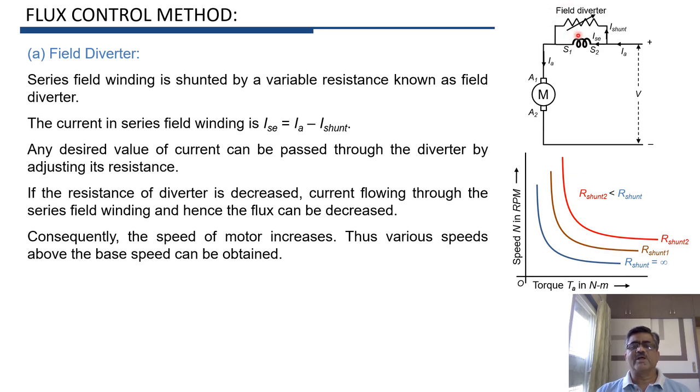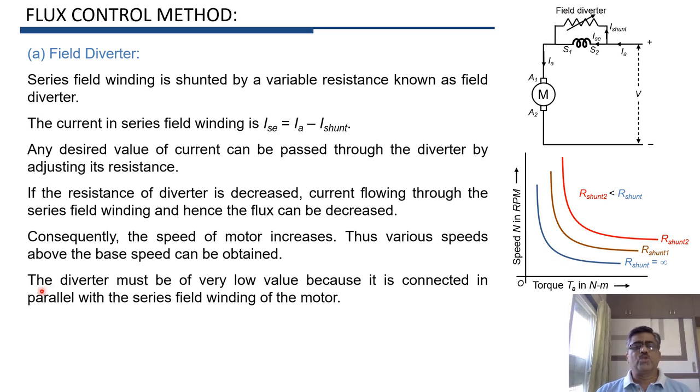If field diverter resistance is further reduced, then I shunt will again increase, ISE will reduce, flux will reduce and speed will further increase. So this is represented by this red characteristic. Means here R shunt 2 is less than R shunt 1. So as we go on reducing the resistance of diverter, speed goes on increasing.